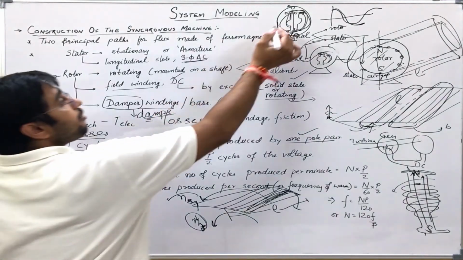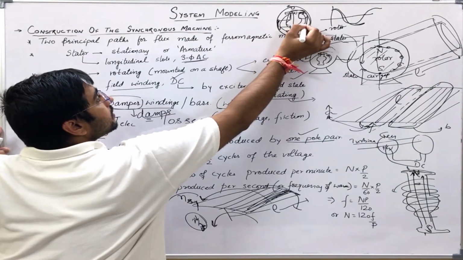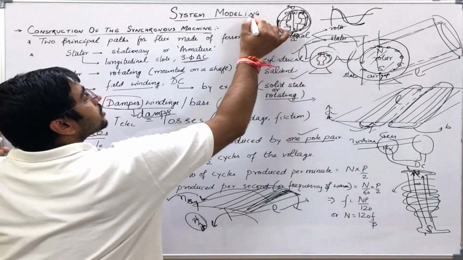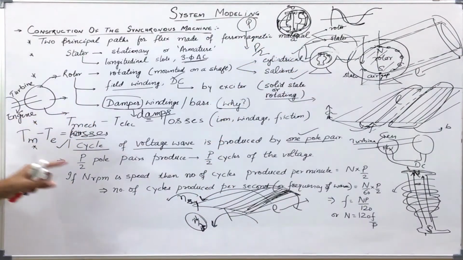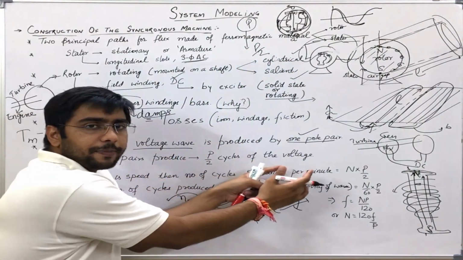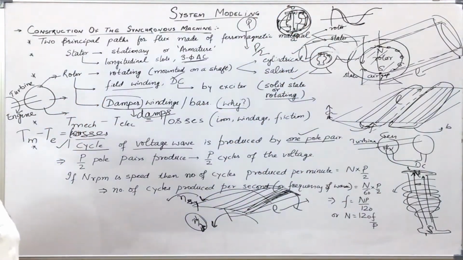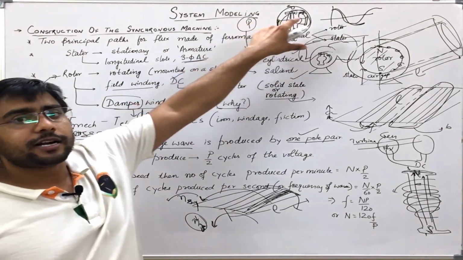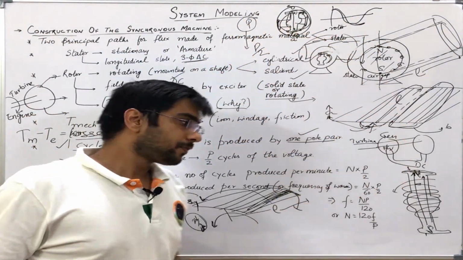Now let us say if I have more than one pair, that is, there are p poles, then there will be p by 2 pole pairs. So p by 2 cycles will be produced whenever these p by 2 pole pairs circulate over the winding, because one pole pair generates one cycle, so p by 2 pole pairs will generate p by 2 cycles.